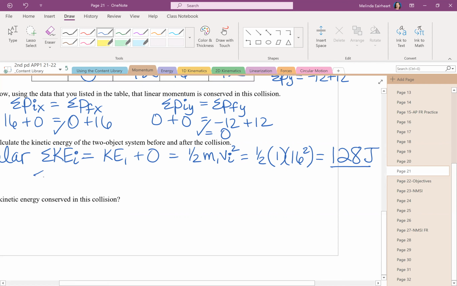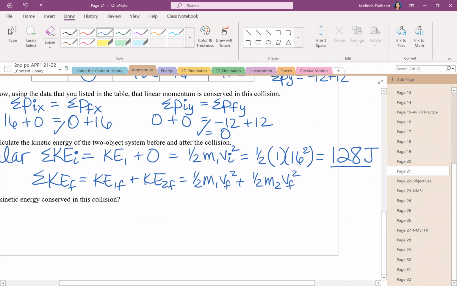Let's do the same thing for after. And so final, they both have kinetic energy after the collision. And so 1/2 m1 v final squared plus 1/2 m2 v final squared. And again, those are speeds. It doesn't matter about direction for kinetic energy.